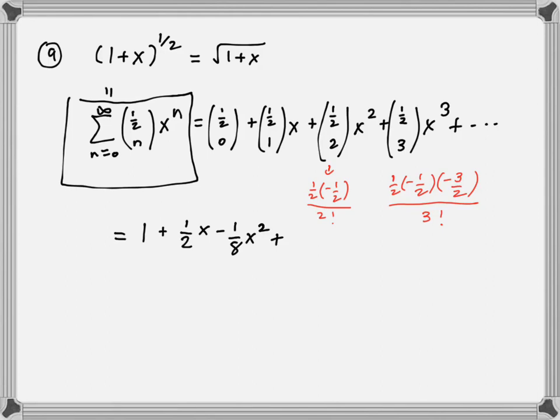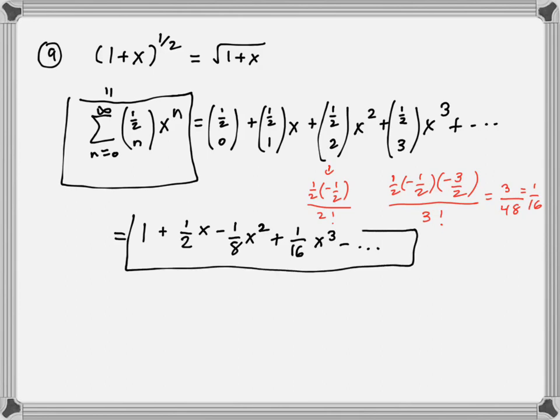This would give us 3 over 48, which is 1 over 16. And so we get 1 over 16 x cubed. And the pattern continues. There's no nice way of writing these numbers, but this is the pattern if we calculate the first 4 terms.